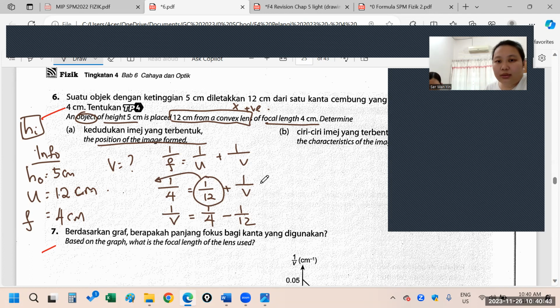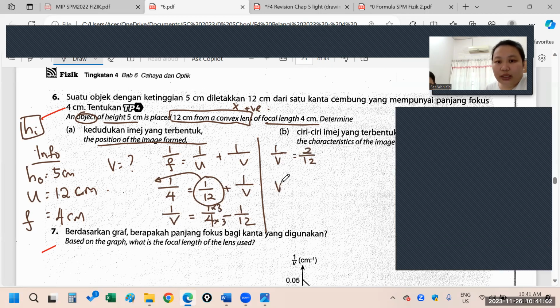So 1 over V equals 2 over 12. Then what should we do? We say V equals 1 divided by 2 over 12.